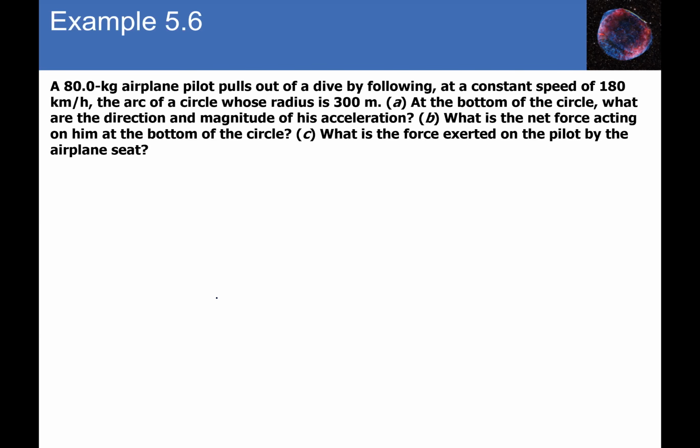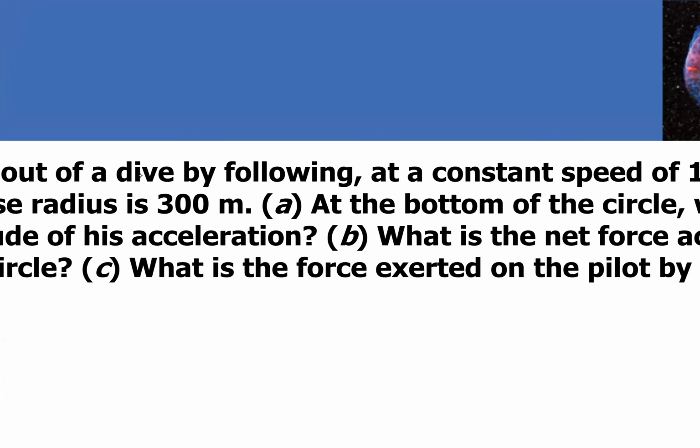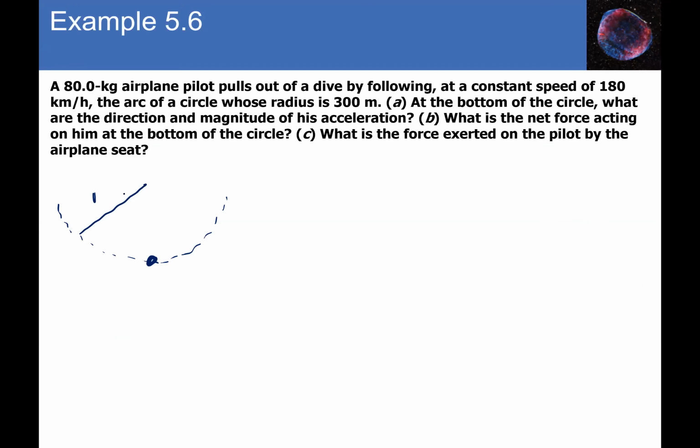So generally, in terms of this type of problem, right? You can see that we are talking about the bottom part of the circular motion. So in a way, something like this. And here's the pilot undergoing this type of circular motion. This is, let's say, the radius r with respect to some center.